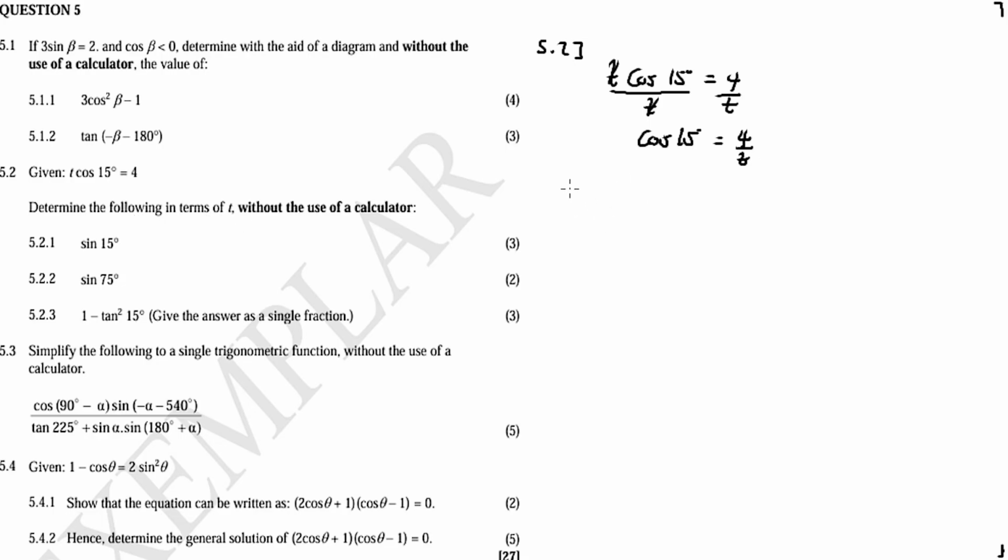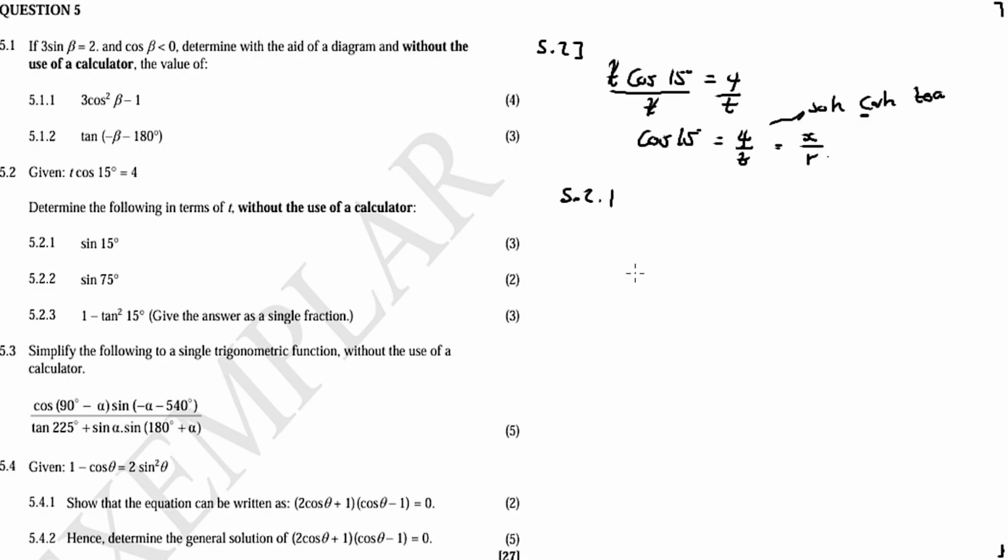So for the first one, 5.2.1, according to SOHCAHTOA, we can see that cos is adjacent over hypotenuse. The adjacent is x, the hypotenuse is r.